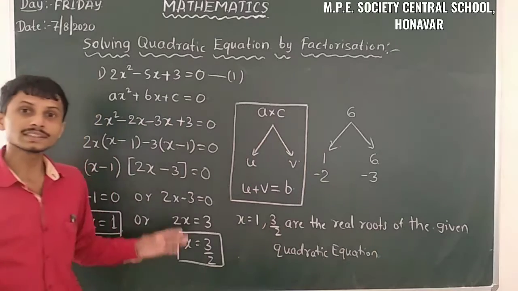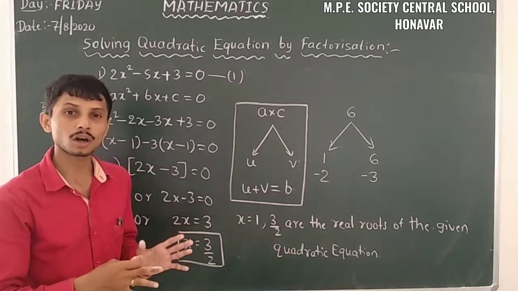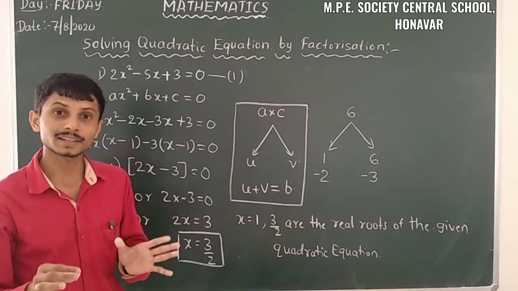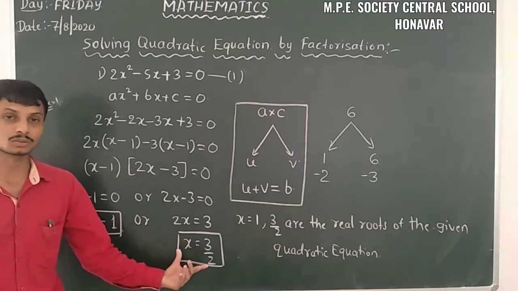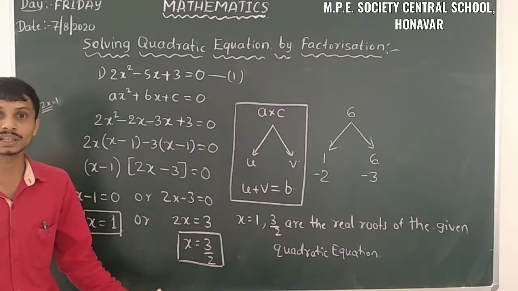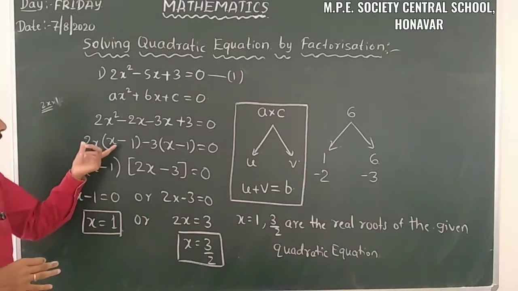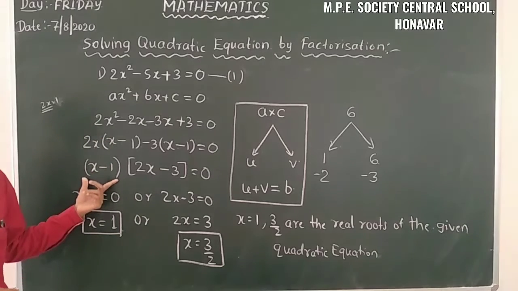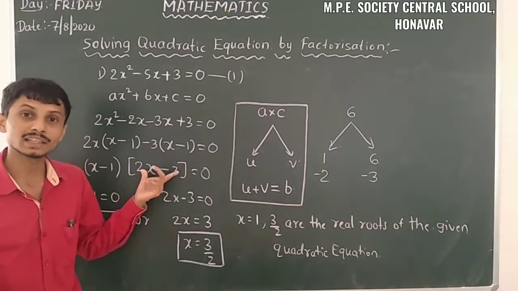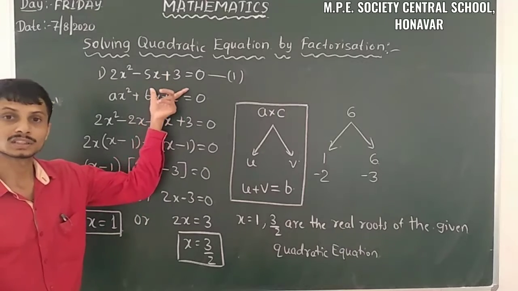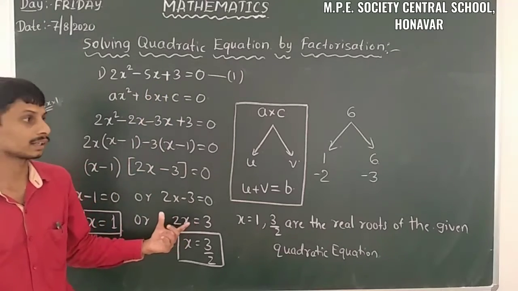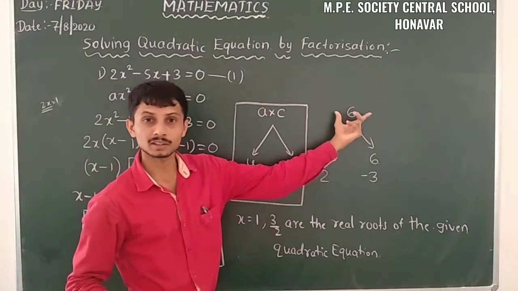Yes. So this is the procedure to solve a quadratic equation by factorization. Clearly it shows factors. So x is equal to 1 and x is equal to 3 by 2 are the roots of the equation, and here x minus 1 and 2x minus 3 are the factors of the quadratic equation. 1 and 6 are the factors of 6.